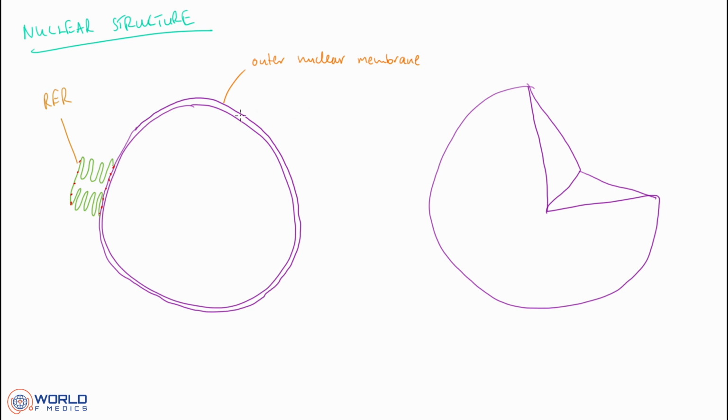And when we've got an outer membrane, we've also got the inner nuclear membrane. And between both of these, you'll notice that there's actually a space. And this space is just simply your perinuclear space.